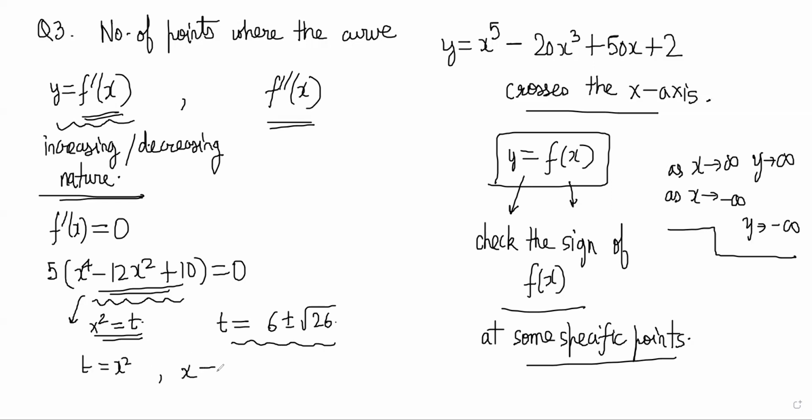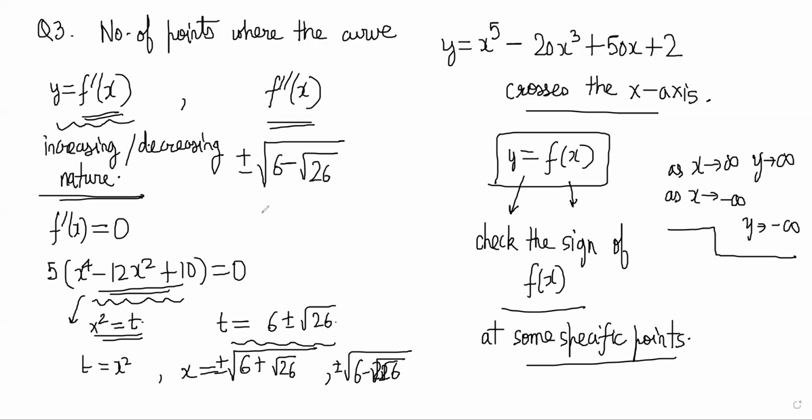So you will get 4 values of x, right? Root of 6 plus root 26 and root of 6 minus root 26, and plus minus of this, right? The critical values are coming like this. I hope you are getting the same thing.